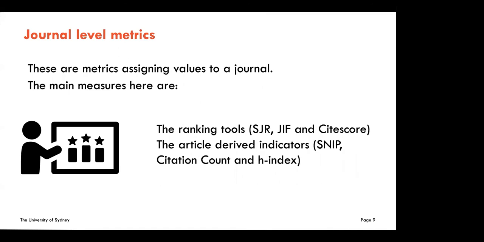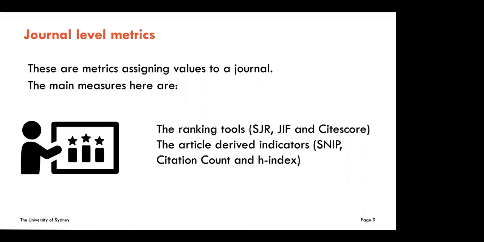And the other type of metric that gets assigned to journals are the article-derived indicators. So they're the SNIP, the source normalized impact per paper value, the citation count, and the H-index. The H-index is exactly the same as for the author, except it's at a journal level. The citation count is just that.